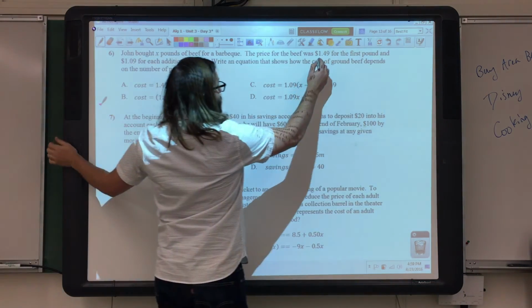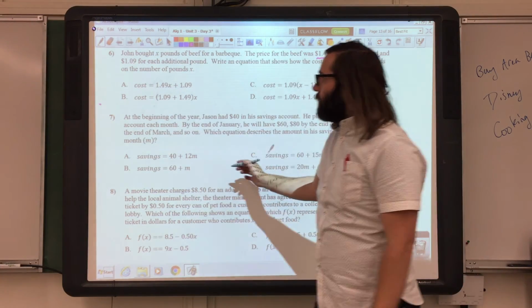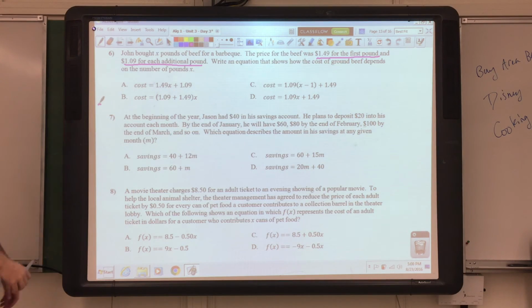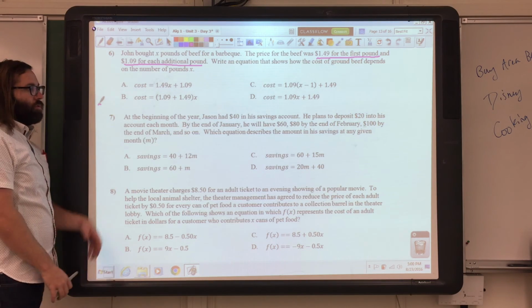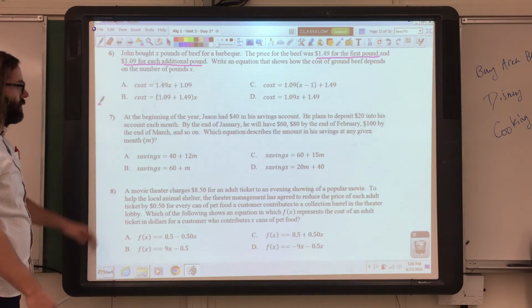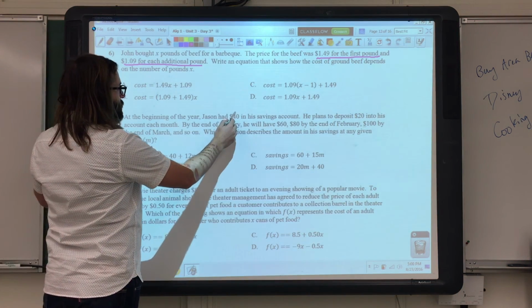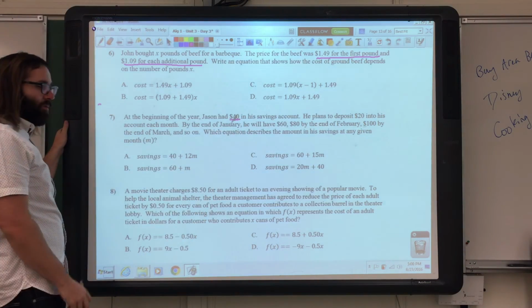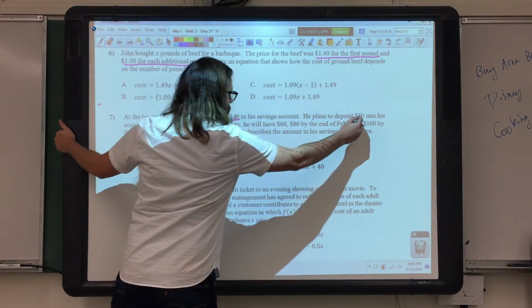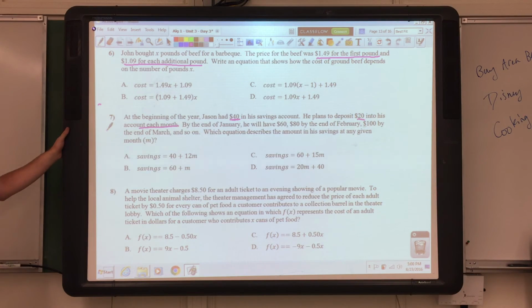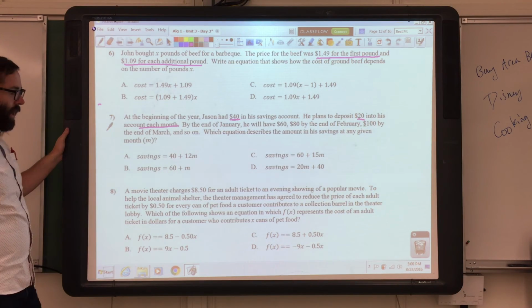Price for beef was $1.49 for the first pound and $1.09 for each additional pound. So write an equation that shows that. Number 7. Oh, this sounds familiar. Starts off with $40. He saves $20 every month. So what does this equation look like?